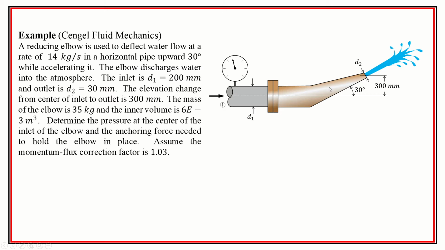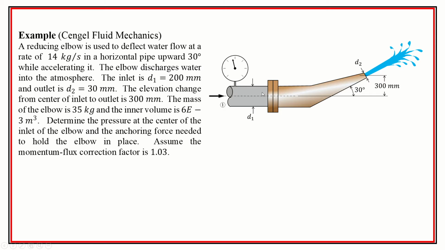Well, we have, of course, not a hose here. This is an elbow. It's much larger than a hose, and this is a pipe right here with a pressure gauge, and this is reducing down. We have a mass flow of 14 kilograms per second on the horizontal pipe here, and it's accelerating this fluid, and it's going up at a 30-degree angle right here.